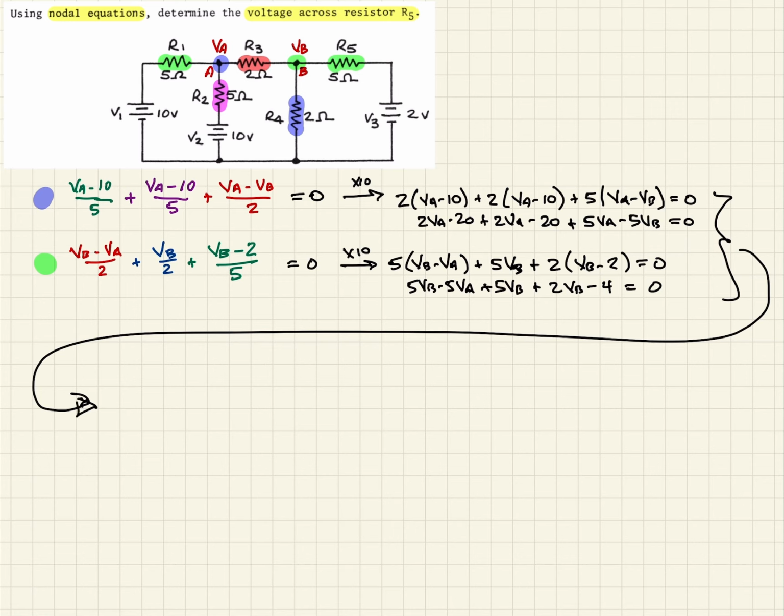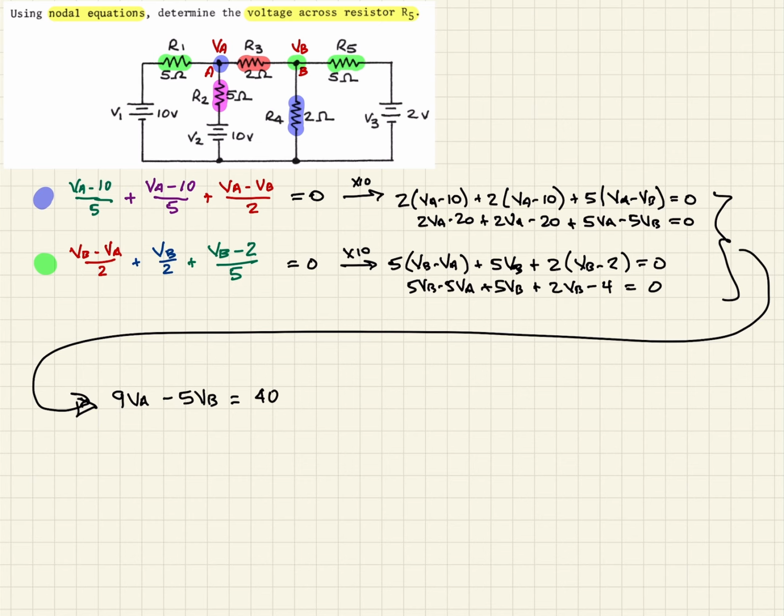So here we have 1, 2, 3, 4, 9 VA, and then minus 5 VB, and that's going to equal 40.